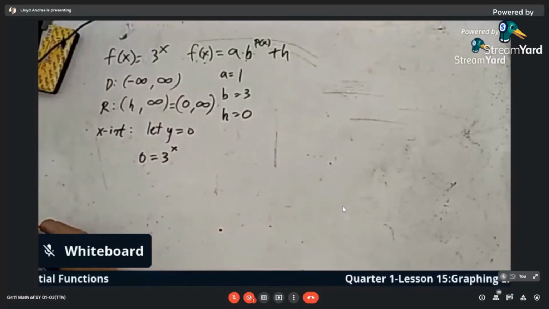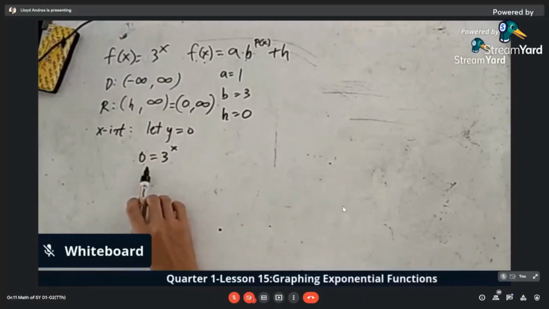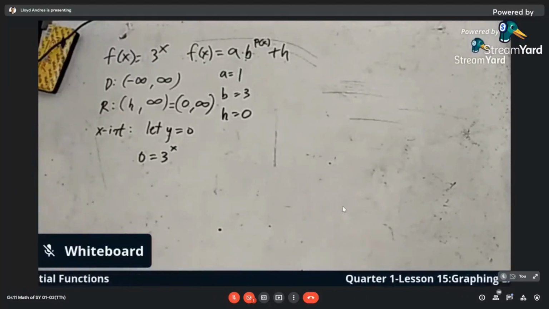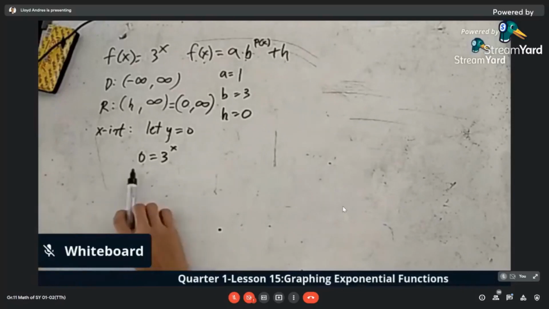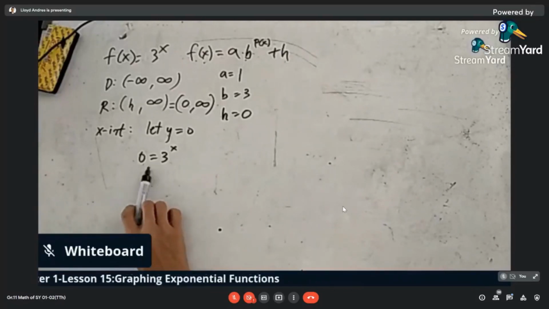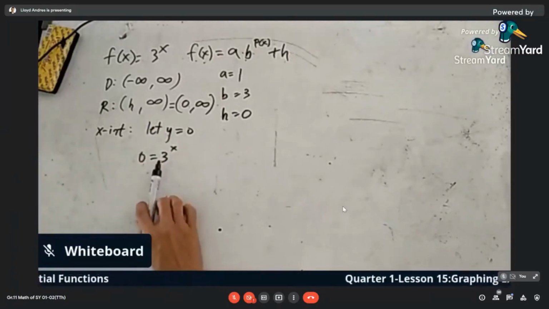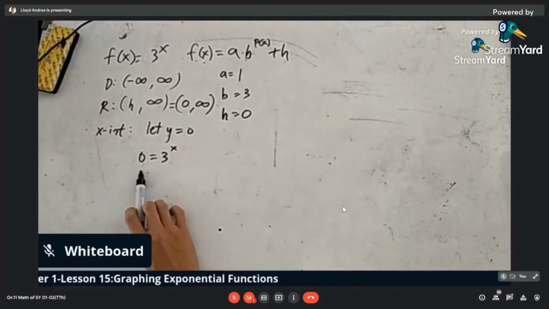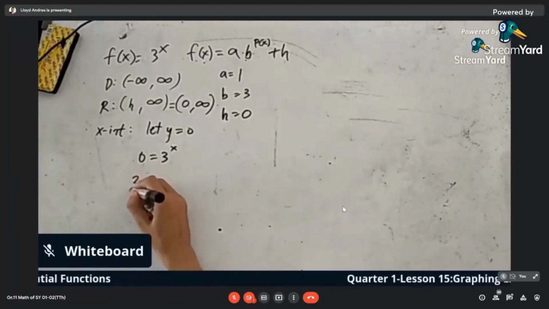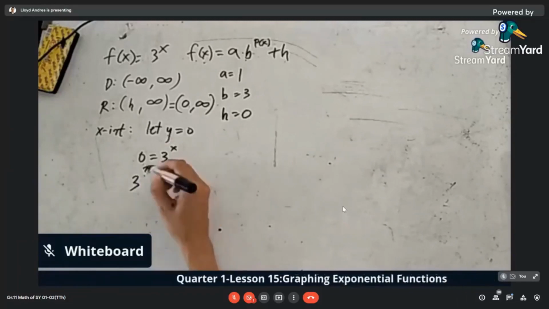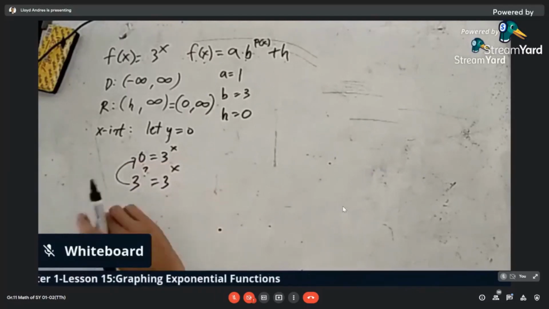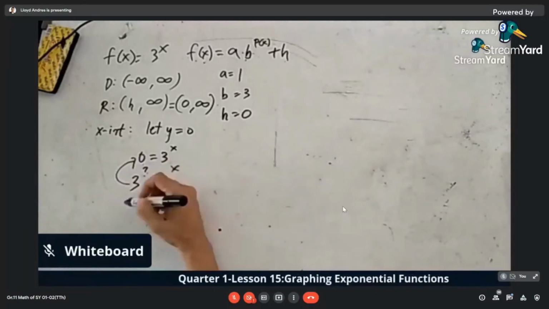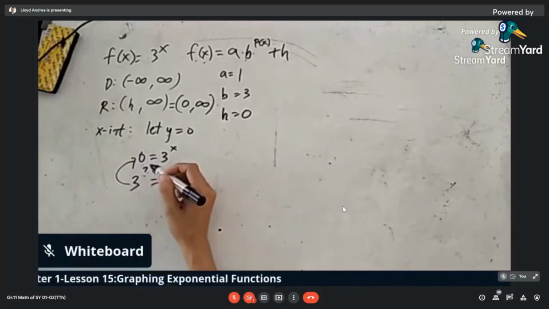Recall how to solve exponential equations: we make the bases the same. The question now is, can we have an exponent of 3 that equals 0? Is there a number such that 3 raised to that number is 0? 3 raised to 1 is 3. 3 raised to 0 is 1.